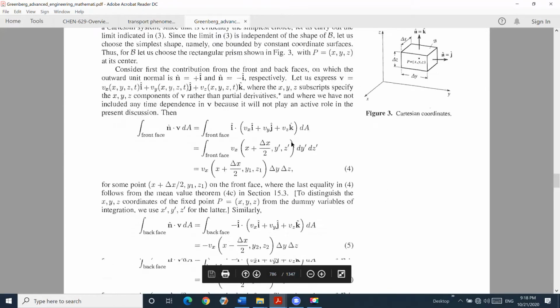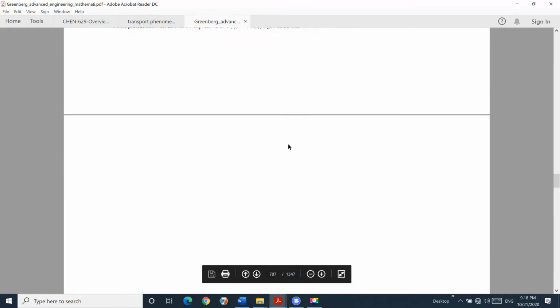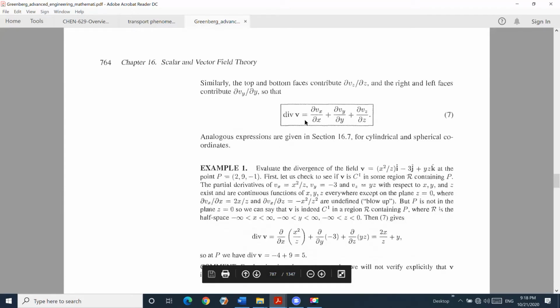We can express this equation more openly: the divergence of V at the point P is given by the partial derivative of Vx with respect to x, plus the partial derivative of Vy with respect to y, plus the partial derivative of Vz with respect to z.